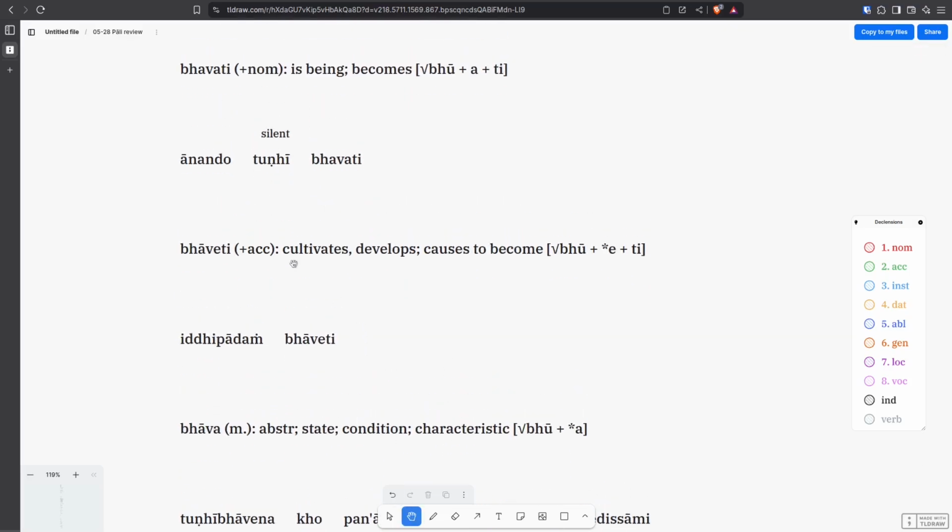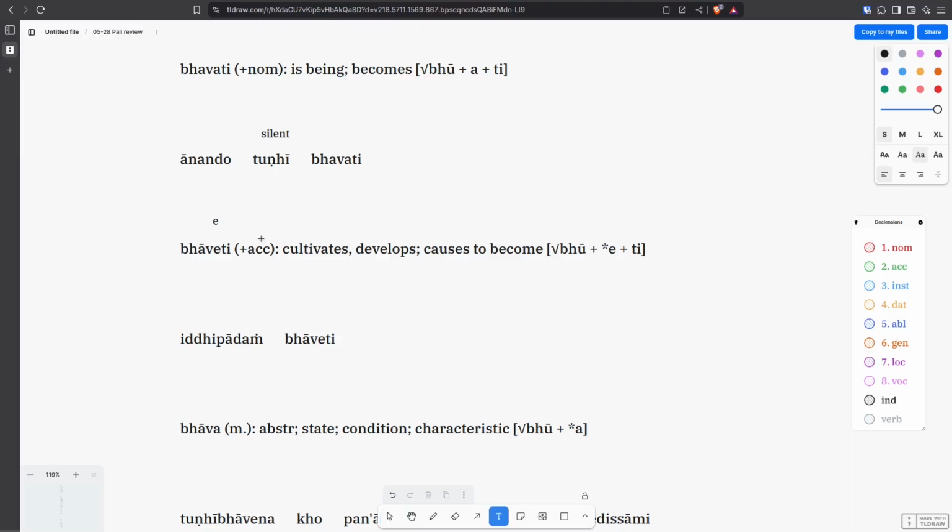But from bhavati, you have the causative form bhaveti. So notice the e there, bhavati, bhaveti. So bu ati, bu eti.